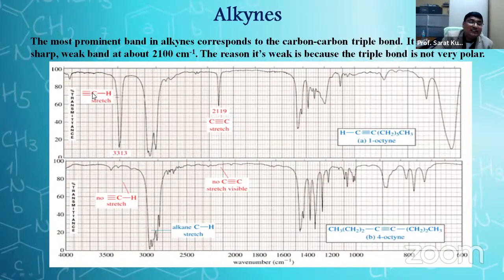Why does this change? The change depends upon the carbon-hydrogen bond length, which from the triple bonded carbon and the double bonded carbon is different. That is why you can identify the particular compound by its characteristic peak. If you have to identify one peak, that is one carbon-carbon triple bond.